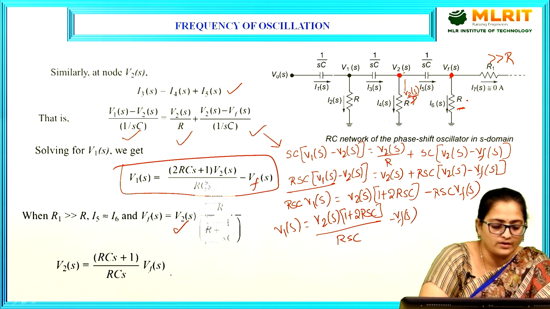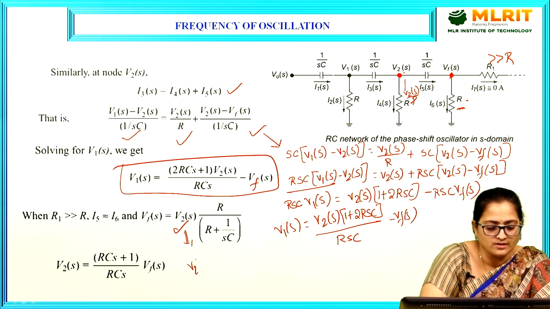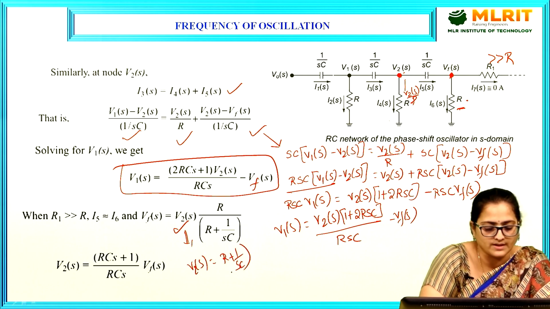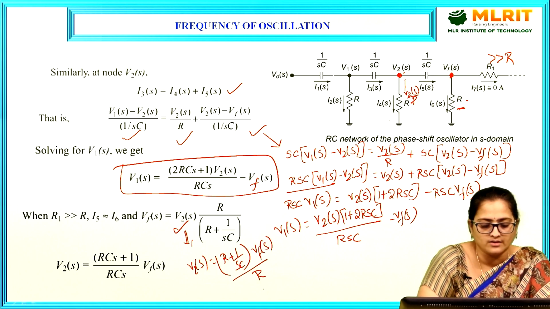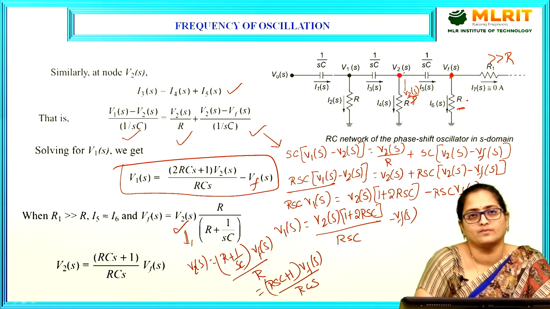Rearranging this, V2(s) is equal to (R plus 1 by sC) into Vf(s) divided by R. So you can write it as (RsC plus 1) into Vf(s) divided by RsC.